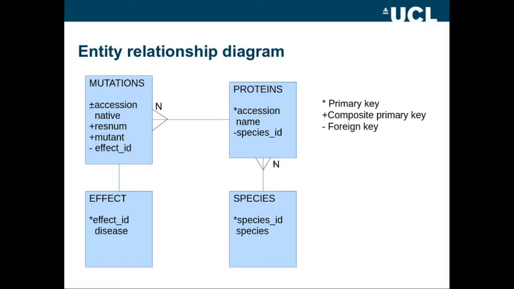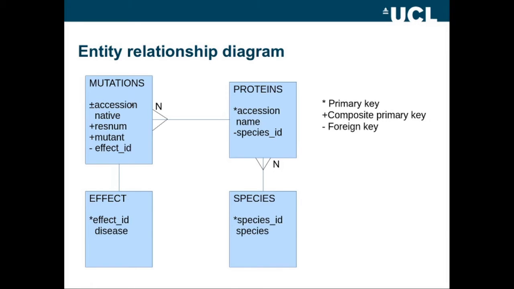What we also provide though is the links between the tables using this crowfoot notation. So this is simply showing you that it's a one-to-many relationship, and I've put in the letter N as well to show that. Here we have a one-to-one relationship. So one mutation has one effect, whereas one species can be seen in many proteins, and one protein can have many mutations.